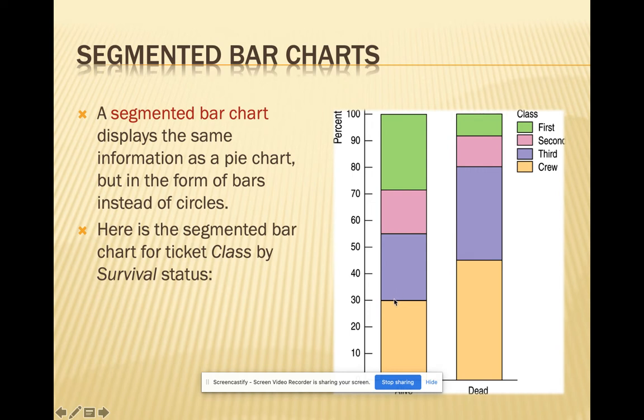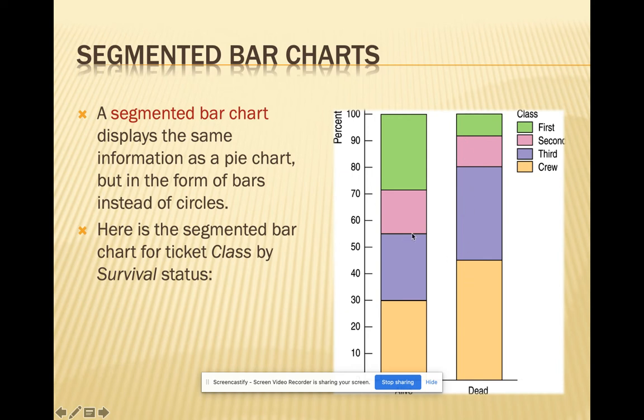And then they took the percent of the living who were third-class ticket holders and added that. And then they added the percent of the living who were second-class ticket holders. And then finally, they added the percent of the living who were first-class ticket holders, and it all adds up to 100%. And then we do the same thing with the distribution among the dead.